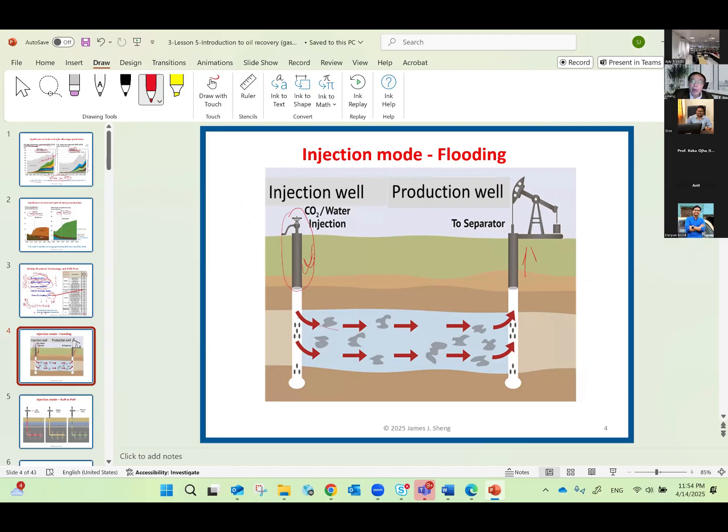Here is the oil reservoir, and the injected fluid drives the oil, and then oil is produced from here. So now it is called flooding. You have injection fluid from one injection well and produced fluids from another production well. So that is called flooding.